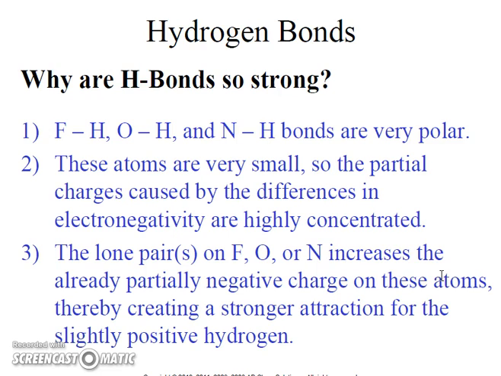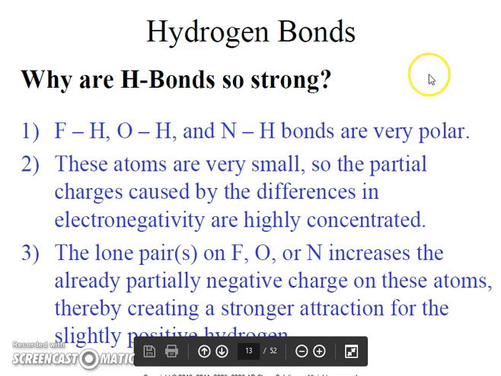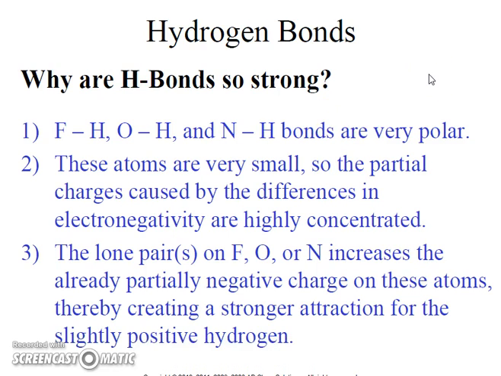Alright, so here's some important things. I'd highlight these. Why is there such a big difference between a dipole-dipole attraction and hydrogen bonding? It is because the bond formed between hydrogen and one of those three elements is so very polar. Okay?